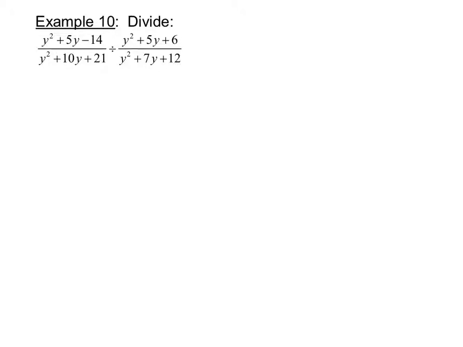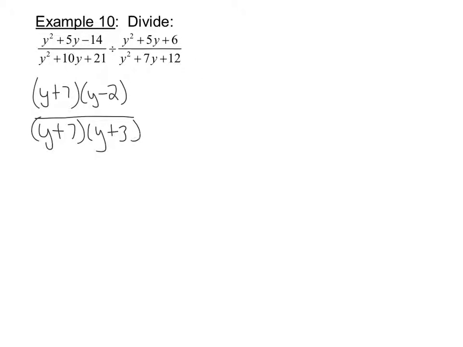Alright, so remember, you keep the first one the same and factor. So y plus 7, y minus 2. Y plus 7, y plus 3. Flip the second, so factor the bottom here. Y plus 4, y plus 3.